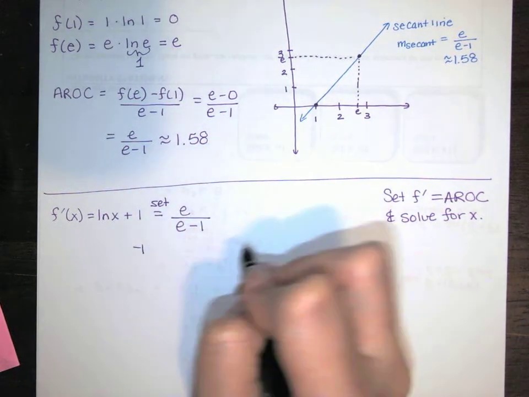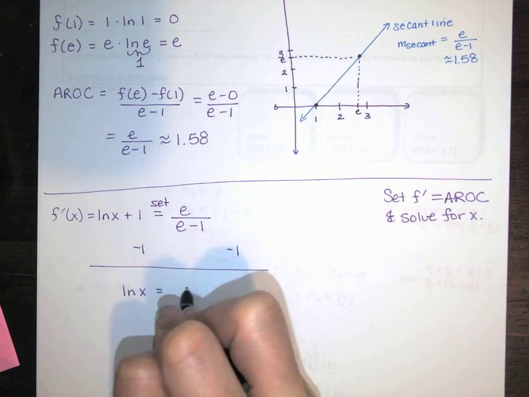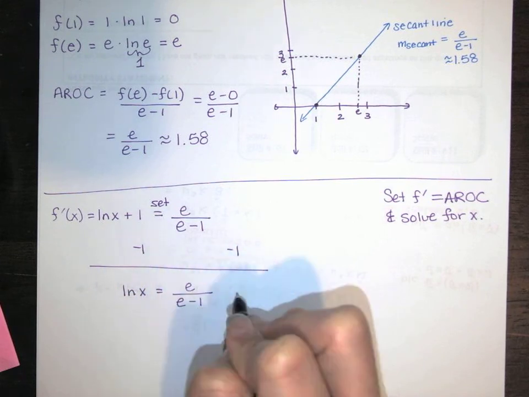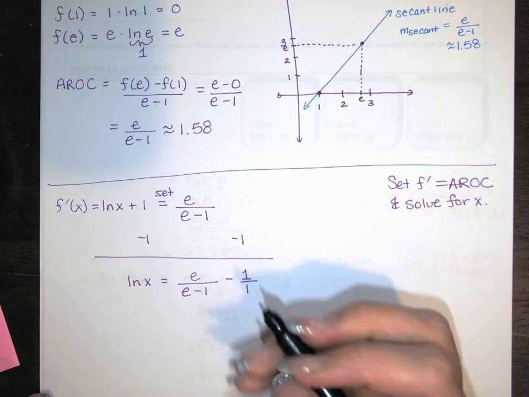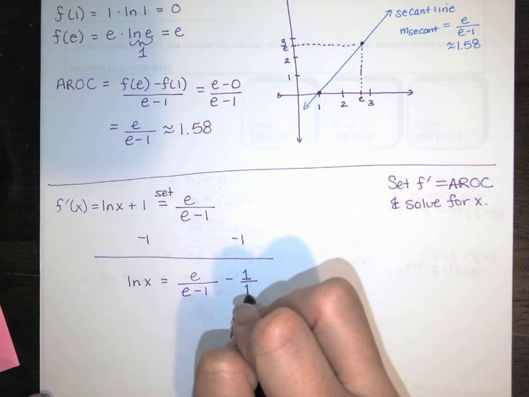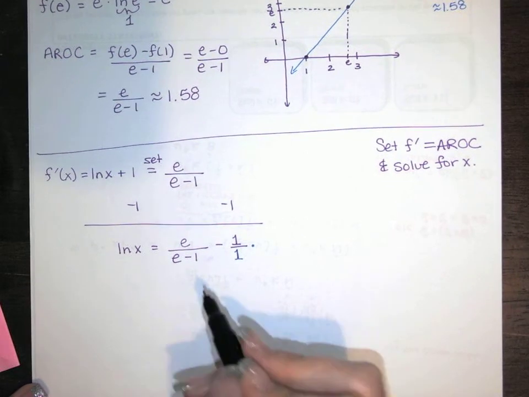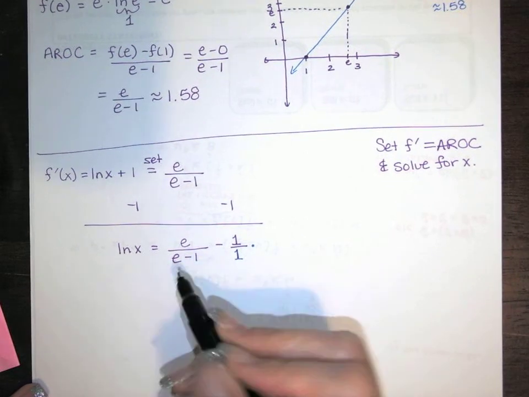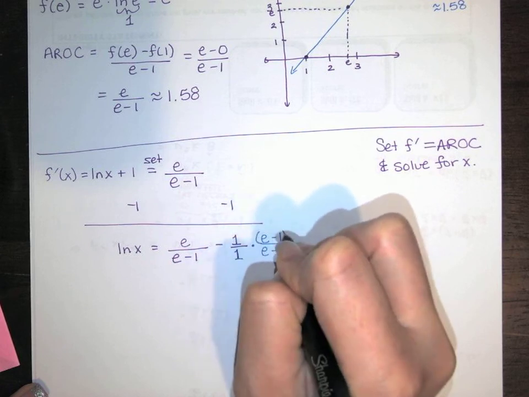And we're trying to get x by itself. So the first thing I would do is subtract 1 from both sides, and we get natural log of x is e over e minus 1, and we're subtracting 1. Now, I'm going to write that 1 as a 1 over 1, and then I want to get a common denominator. This denominator is e minus 1, so I'll multiply by e minus 1 over e minus 1 over here.